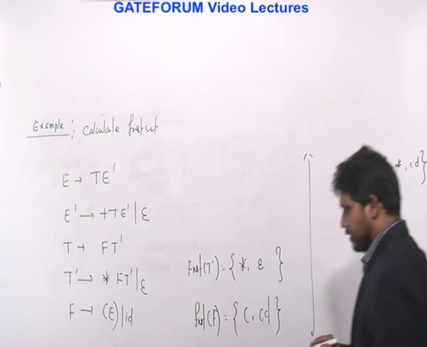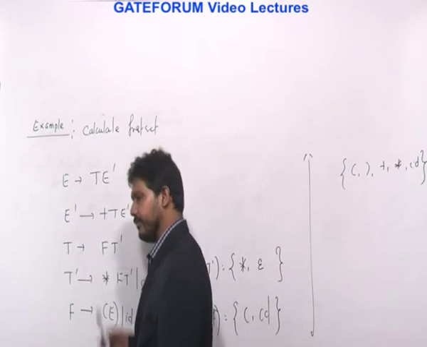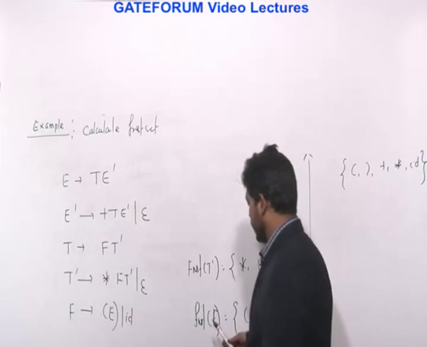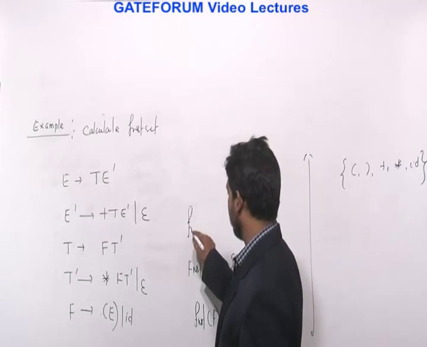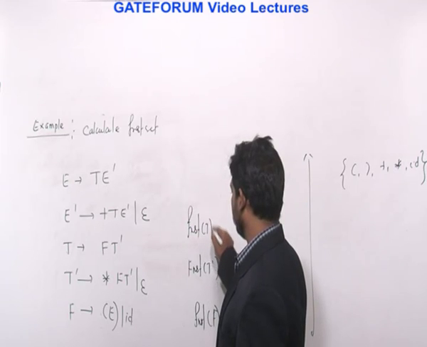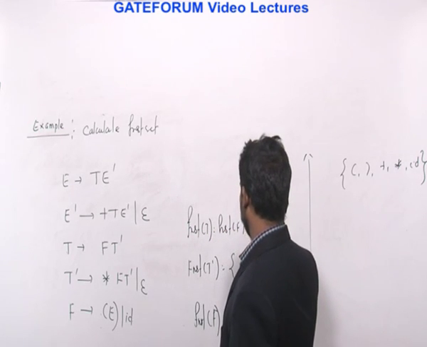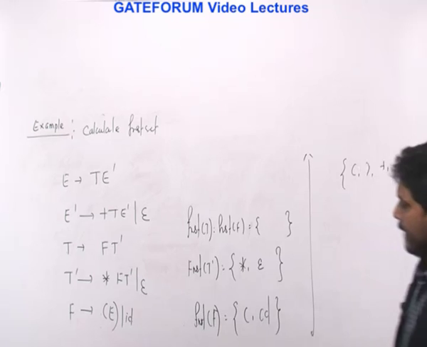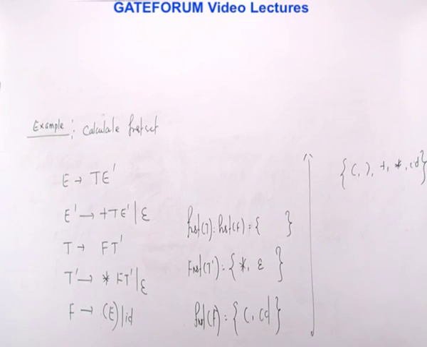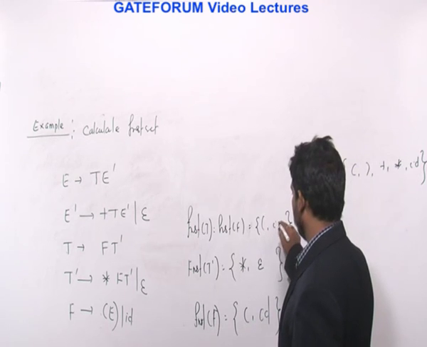If it starts with a non-terminal, then we know that first of T is equal to first of F, whatever F is deriving. We have already done the calculation of F. So first of T is first of F, and it is opening bracket and ID.